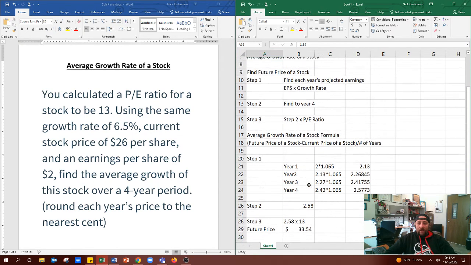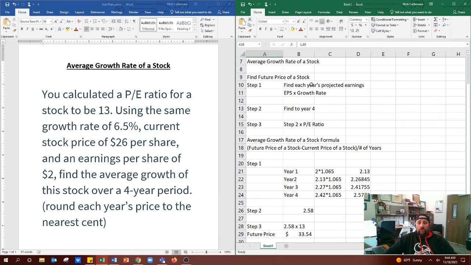just to recap how we got there, first we found each year's projected earnings by doing earnings per share times 1 plus the growth rate. I'll change that to make sure that we all understand that. 1 plus the growth rate. Then we find to year number 4, and we put year number 4 there. Step number 3, we take step number 2, which is year 4's number, and we multiply it by the PE ratio.